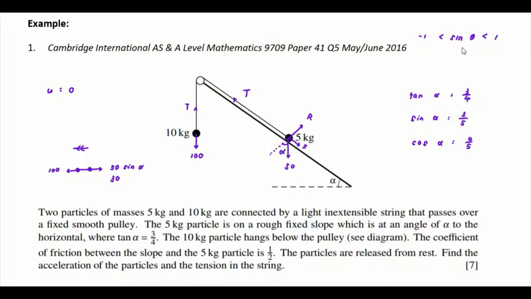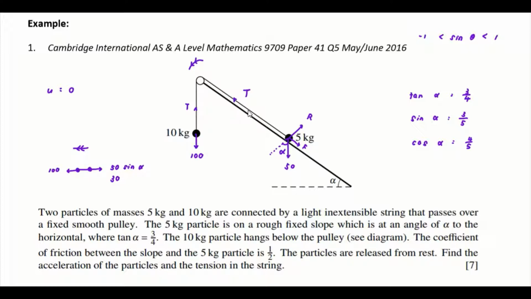So when you multiply with a number, it actually makes the number smaller. So for this one, you already know that you have 100. If this is 50, it's already smaller than 100. Then if you were to multiply by cos or sine of something, definitely it's going to give you a number smaller than 50. So obviously these forces will be smaller than 100. So that's why this pulley system is going to move in this direction. Okay, so that's the idea.